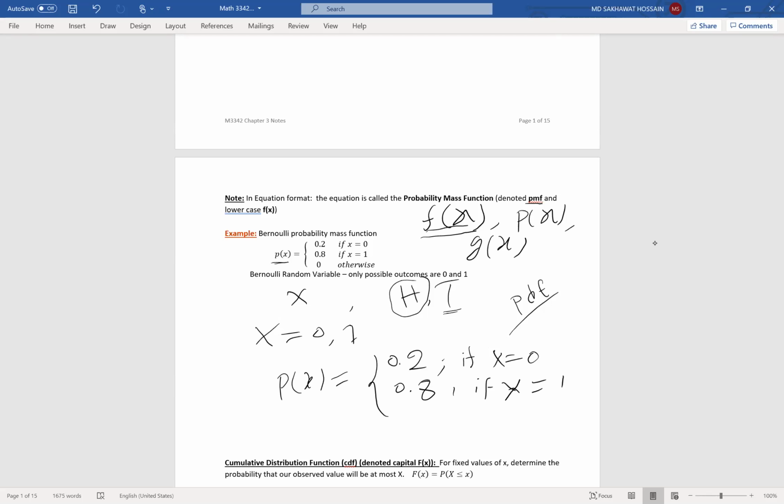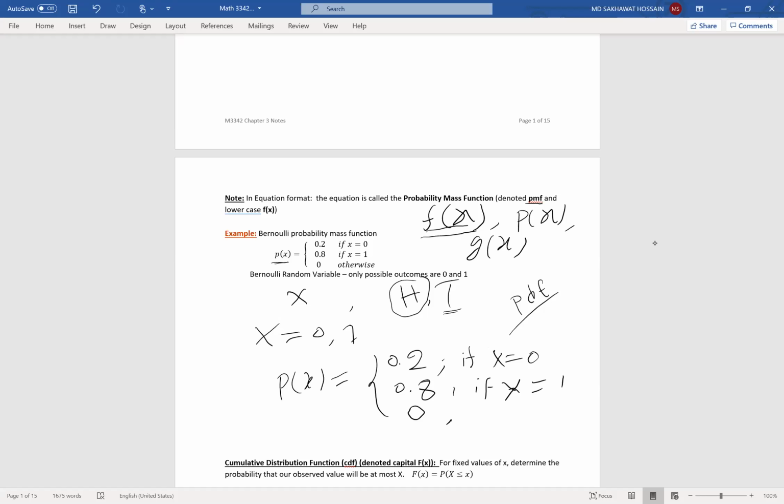For any other values of x, for example, if you consider x equal to 2, 3, 4, 5, 6, 7, 8, 9, or any other values, the probability will be 0, because we already have a total probability of 1.